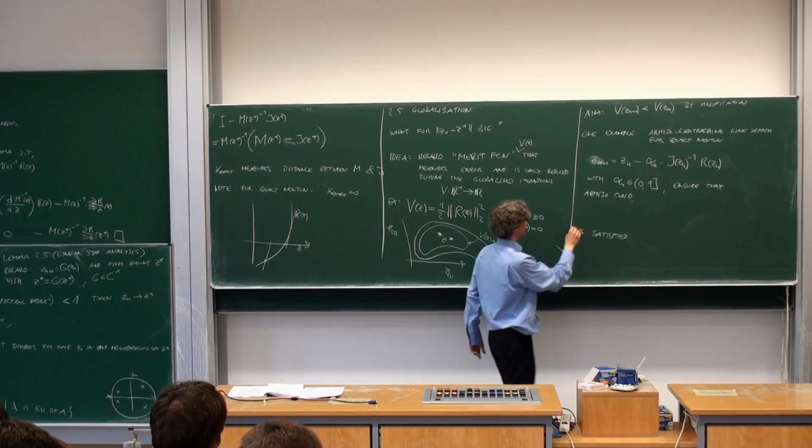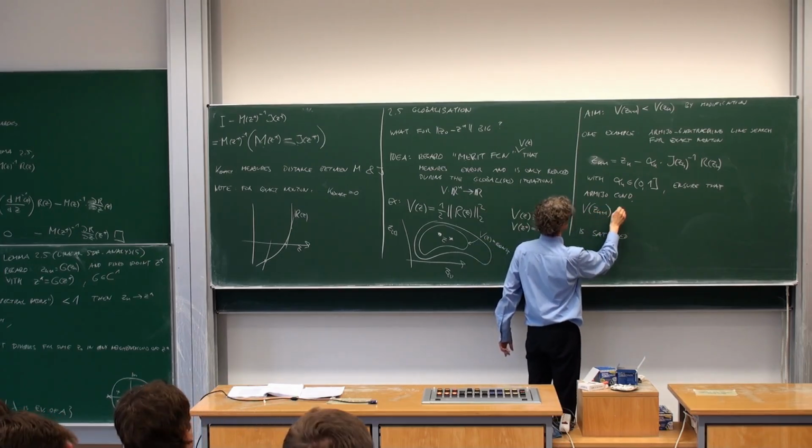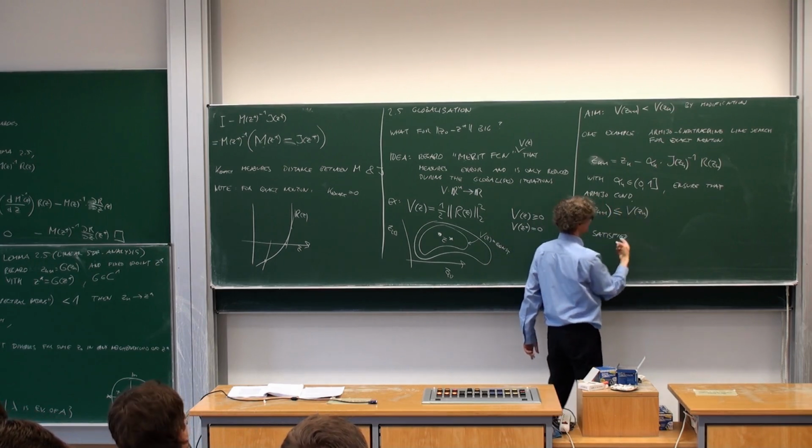It says that the function v at the value k plus 1 should be smaller or equal to the value that this function had before.